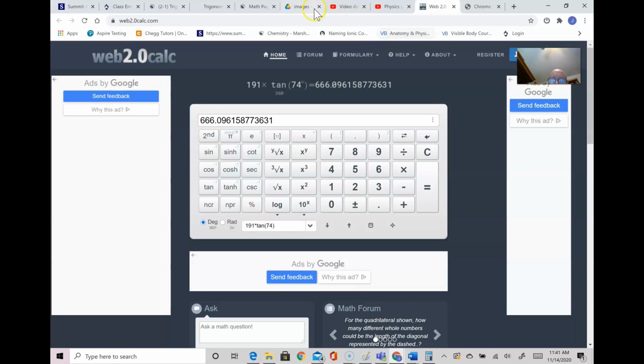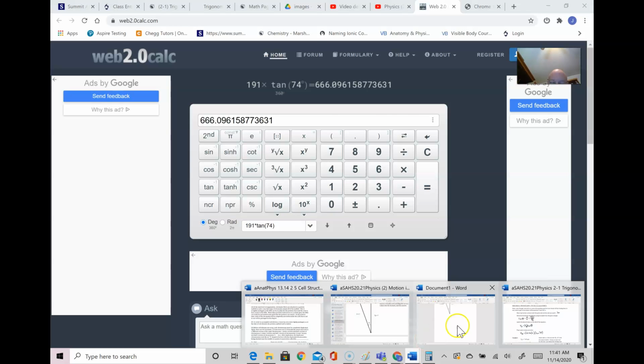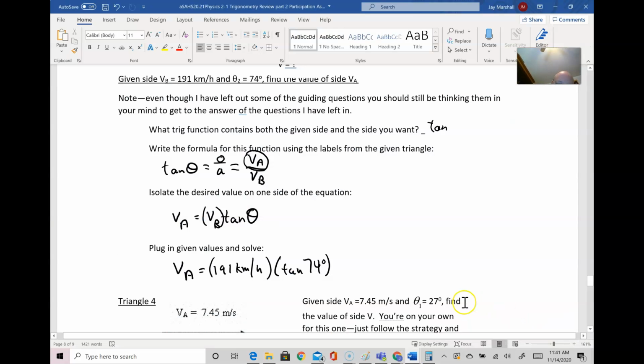Wow, that's a scary number. But that's the number that we got. So VA equals 666 kilometers per hour.